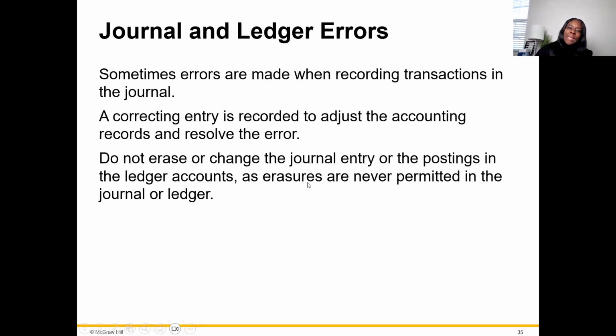So what happens if we make an error? Sometimes errors are made when recording transactions. A correcting entry must be recorded to adjust the account and erase the initial journal entry. You do an update. So erasures are never permitted because it's like you're erasing history, and we agree to resolve the error.